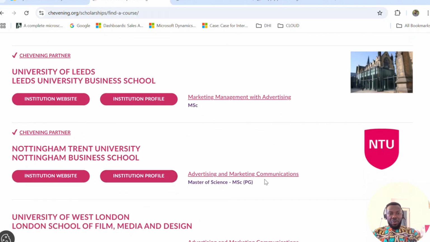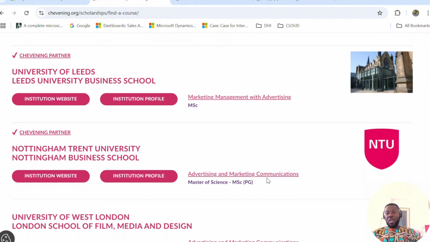So you can read more about this, and I would always ask that you read and make sure that you have the requisite background, or the requisite criteria that the universities look out for in terms of the programs of choice before they will consider you for admission.